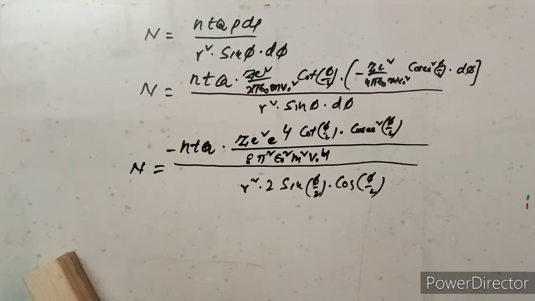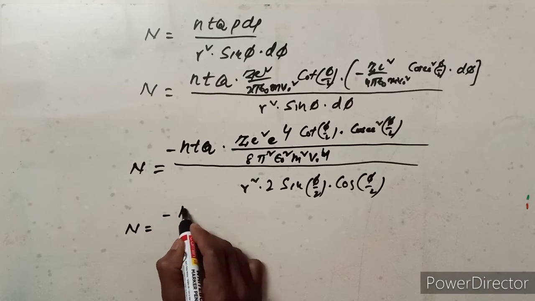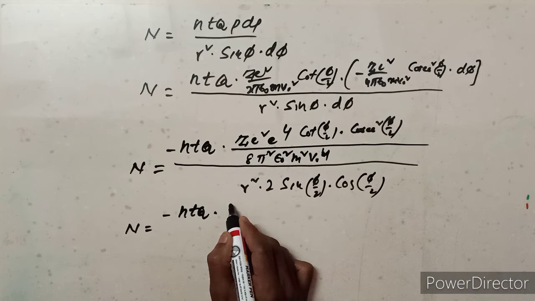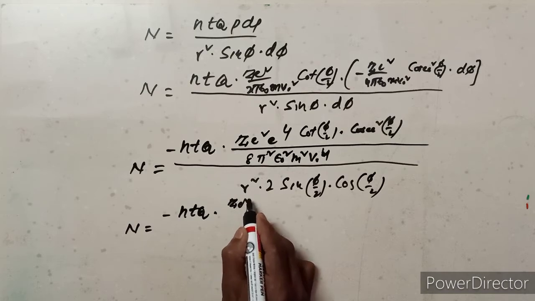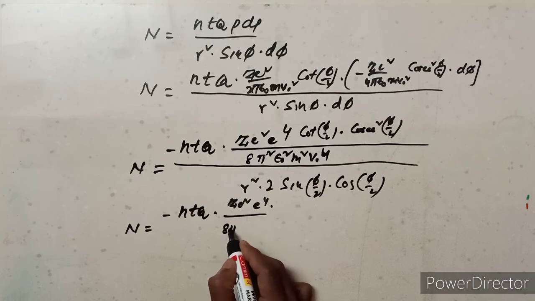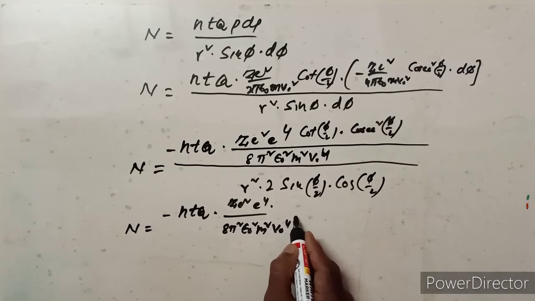N equals minus N·t·q Z square e to the power of 4 upon 8 pi square epsilon naught square m square v naught to the power of 4.